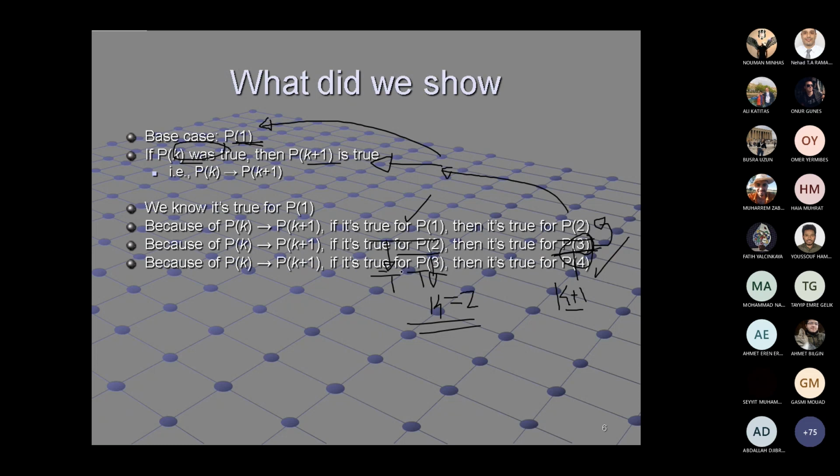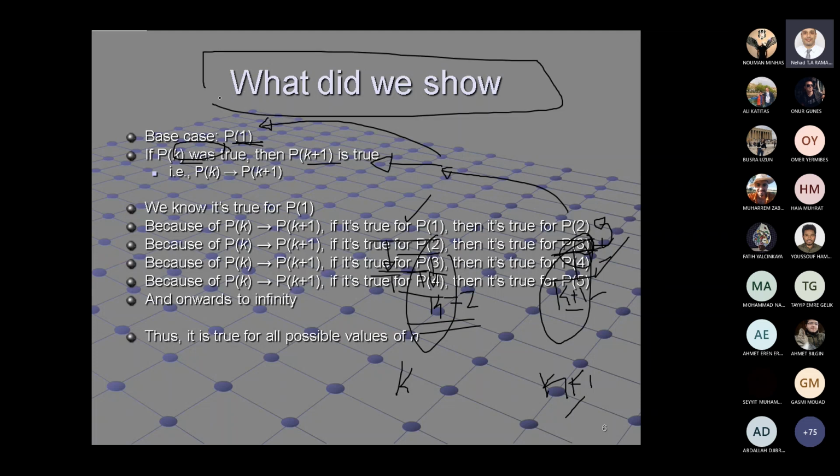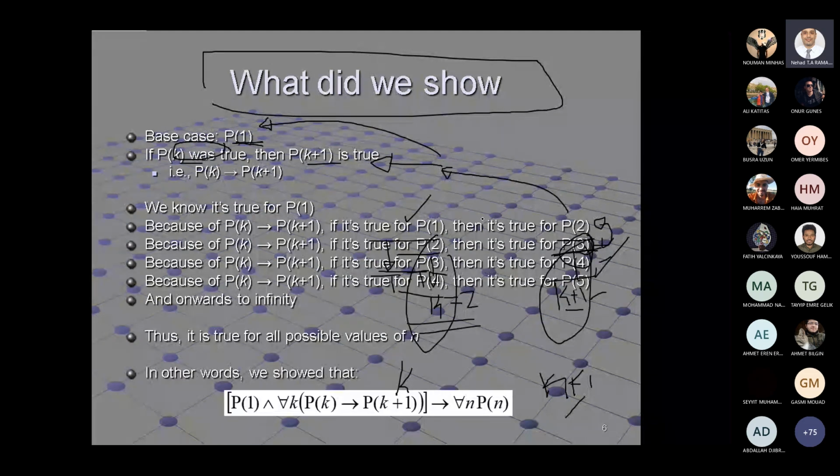And also because P3 is true, P4 is true. And because P4 is true, and because for Pk true, Pk plus 1 is true. Instead of one by one we take this one general as k and this general as k plus 1. So this is what we are showing using mathematical induction. Okay, that's from where mathematical induction comes.